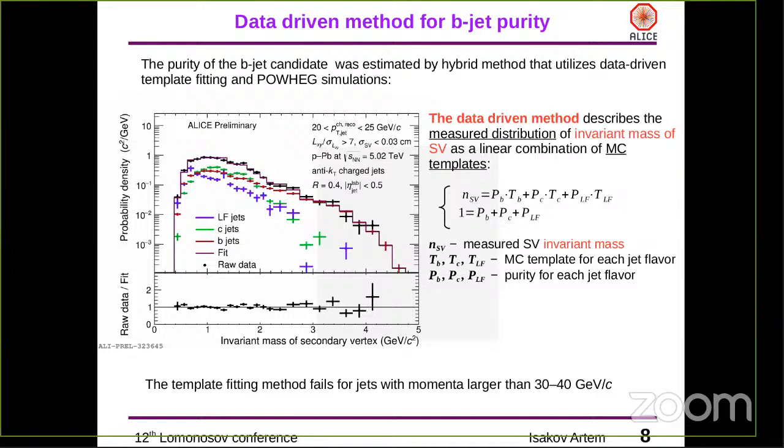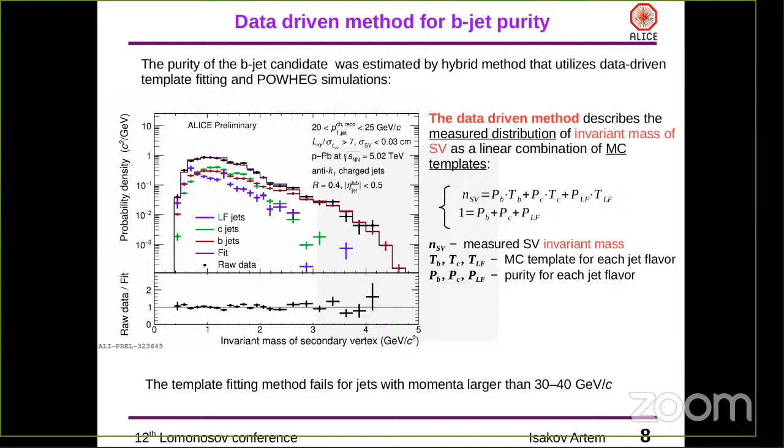The magenta line is the result of the fit, and the ratio of raw data to fit is shown on the bottom panel, and it's compatible with unity. Unfortunately, results provided by the data-driven method cannot be used for momenta larger than 30 GeV because we do not have enough statistics and we cannot apply the fit to that region.